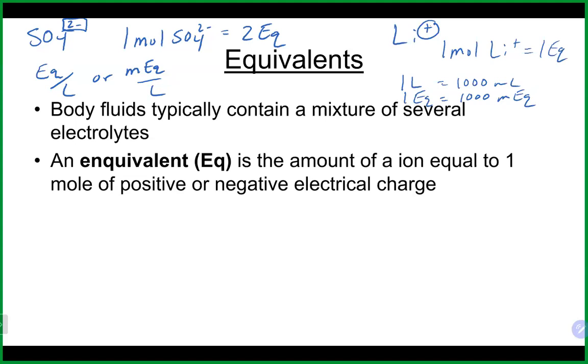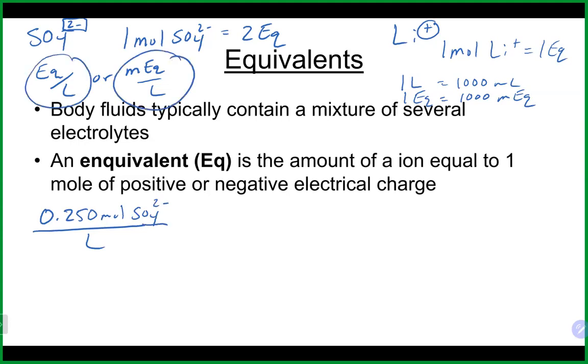To show you how this would work, let's just say we had 0.25 moles per liter of sulfate, and we wanted to know what the concentration of sulfate was in the solution in both of those units.